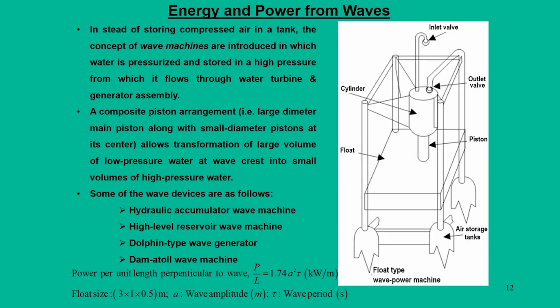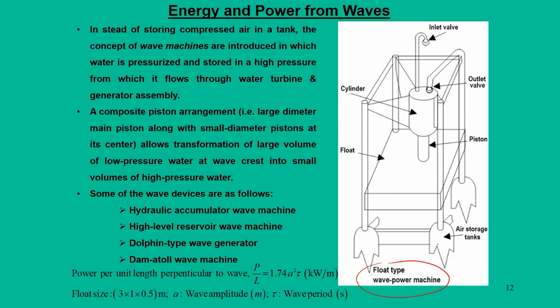Like in our previous discussion, I told you it is a float type wave power machine. What happens in a float type wave power machine is that we use the energy of the wave to compress air in a storage tank. So, basically water power gets converted into gas power in terms of air. But there are some wave machines or devices that, instead of storing air, store water itself in a very compressed form.